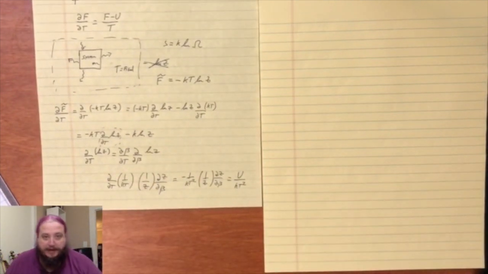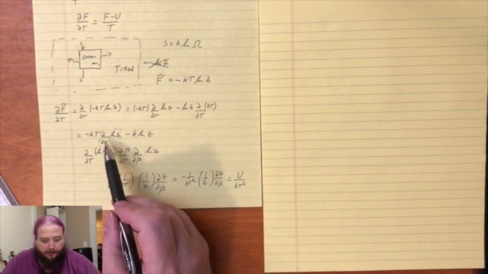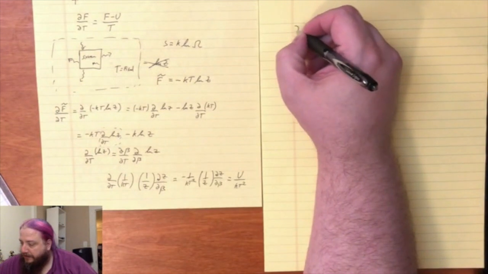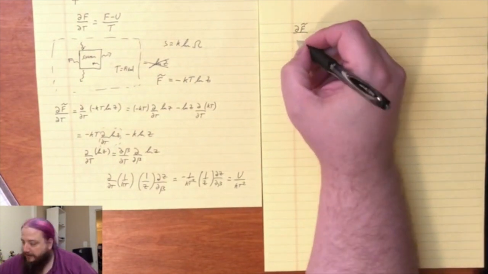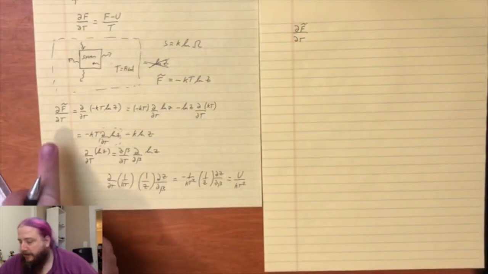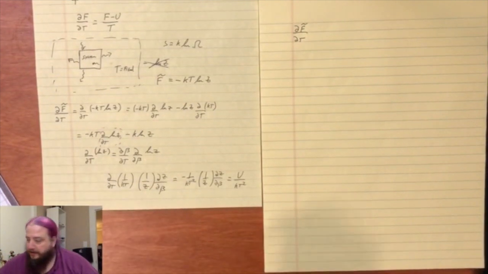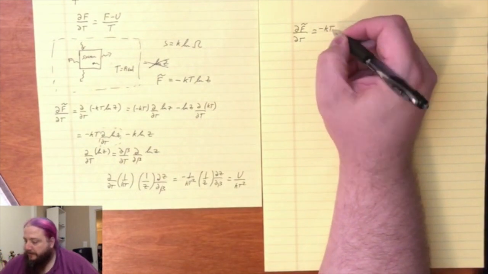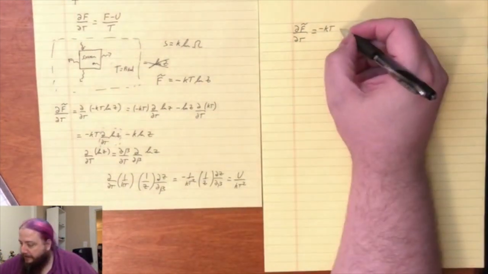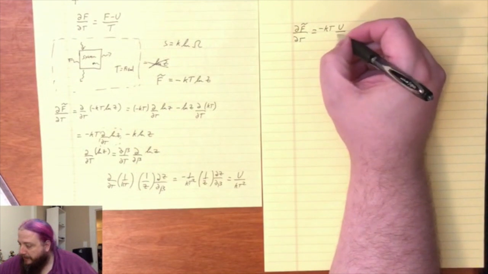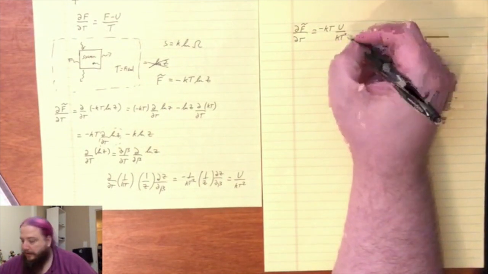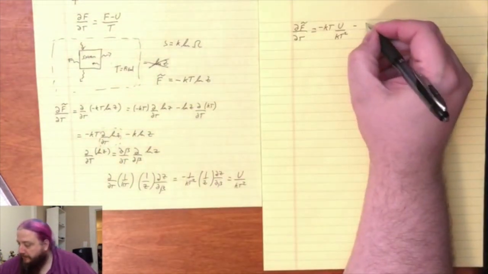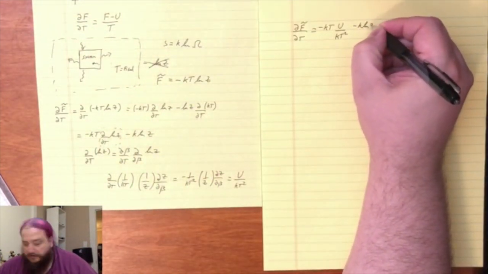And so going back to evaluating our derivative here, so df tilde dt, going back to this step over here, is going to be minus kt times this thing we just calculated, u over kt squared, and then also minus k log of z.